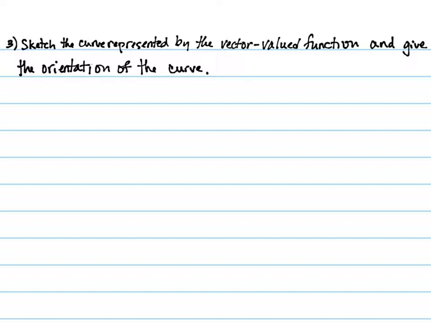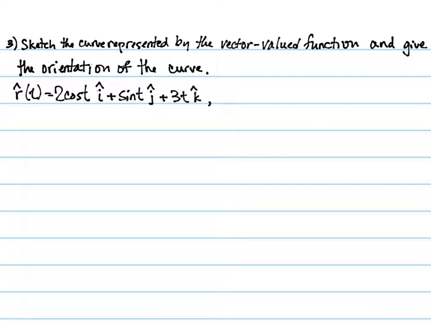So r of t, excuse me, equals 2 cosine of t i plus sine of t j plus 3t k. And then we can identify what's happening in the 3 directions.